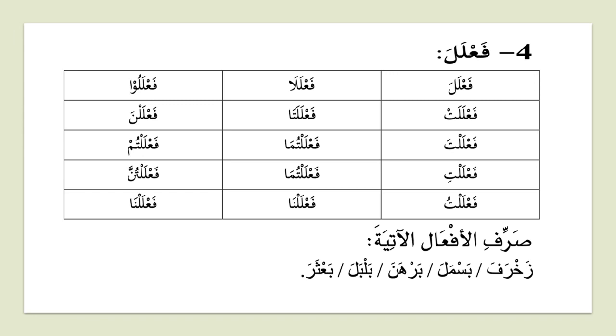And برهنة is to provide evidence or proof. بلبلة is to confuse. And بعثر is to find or discover.